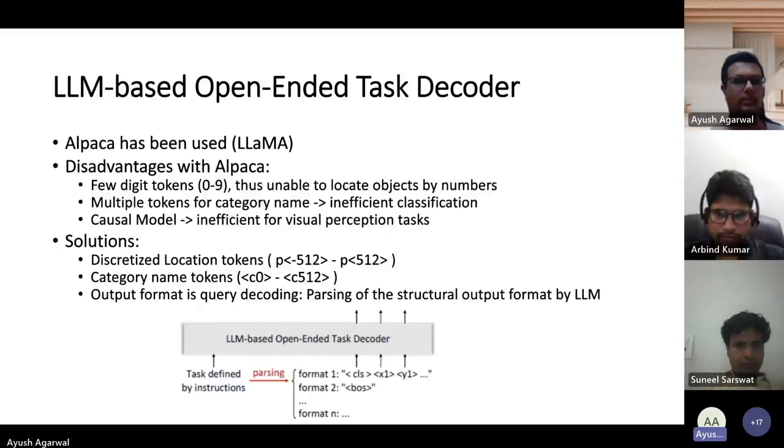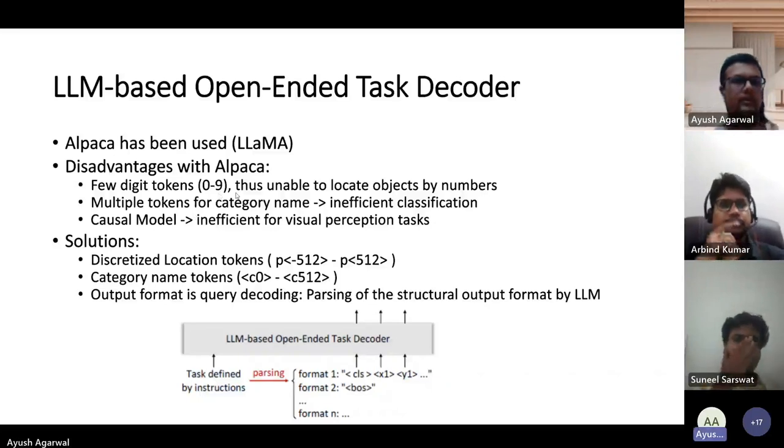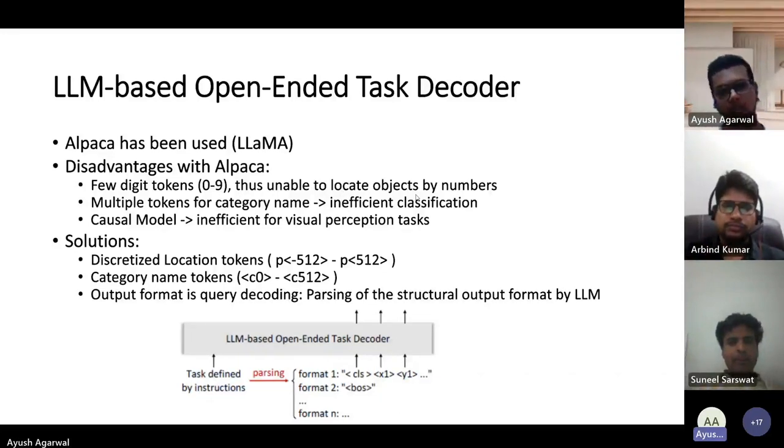So this was about the second part of the Vision LLM. The third part would be the LLM-based open-ended task decoder. For this, the LLM that it uses is Alpaca, a fine-tuned Llama model. There are a few disadvantages with Alpaca. The first one is that it has few digit tokens, thus enabling it to locate objects by numbers.